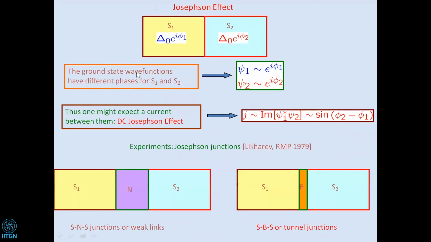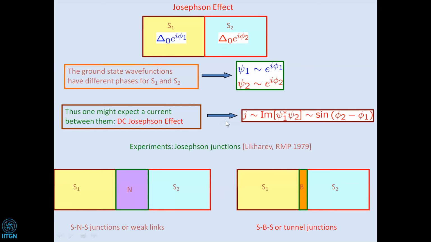The ground state wave function on the two parts of these superconductors is phi 1 and phi 2, and therefore at the boundary you have a gradient of this phase. What Josephson showed is that once you have this gradient of phase in a superconductor, you have a current, and therefore putting these two superconductors next to each other gives rise to a current. And that's your Josephson effect.